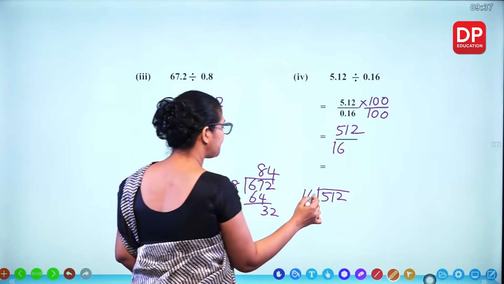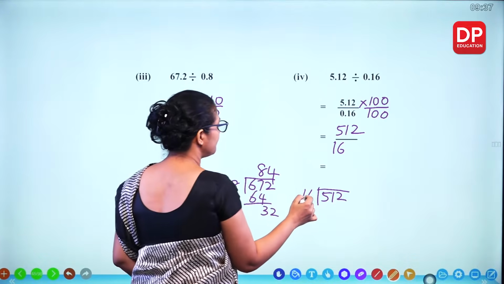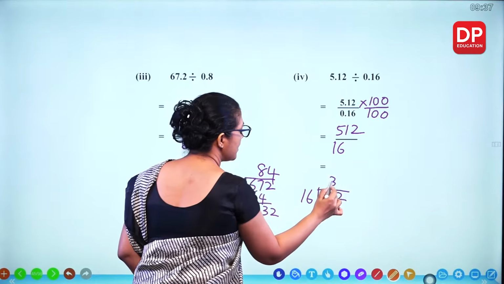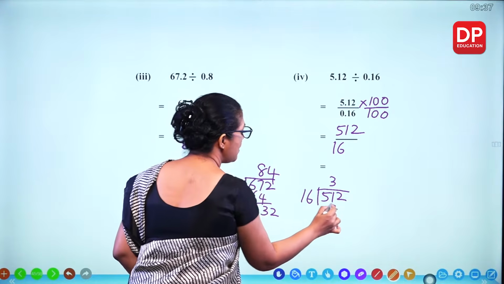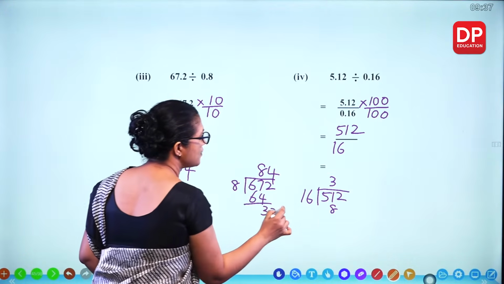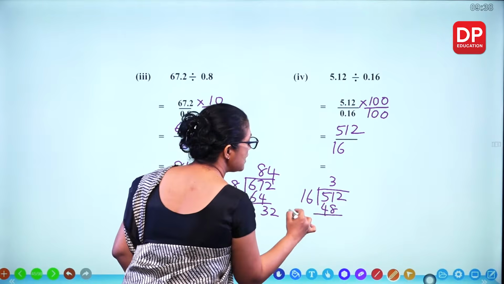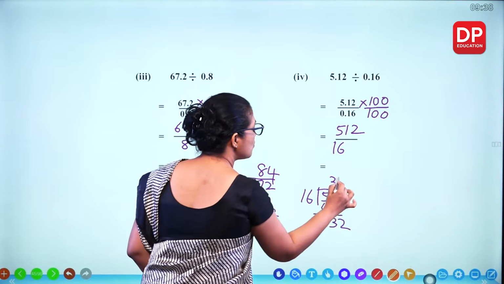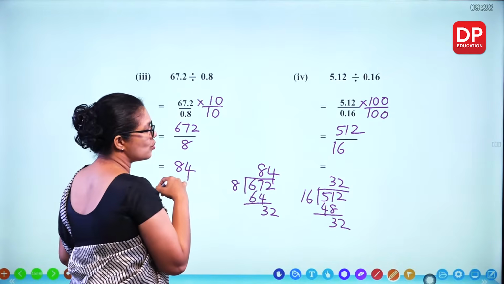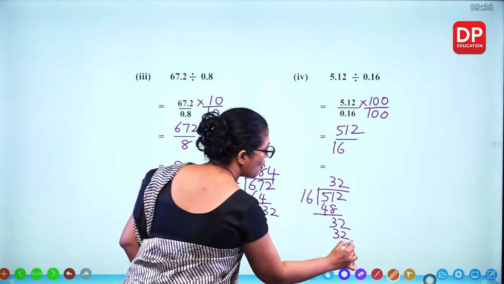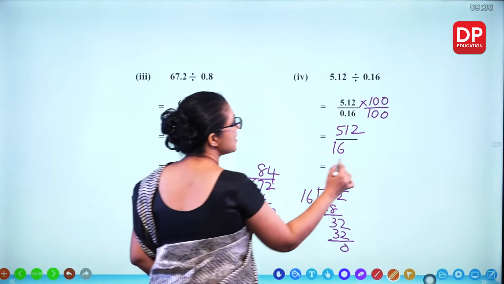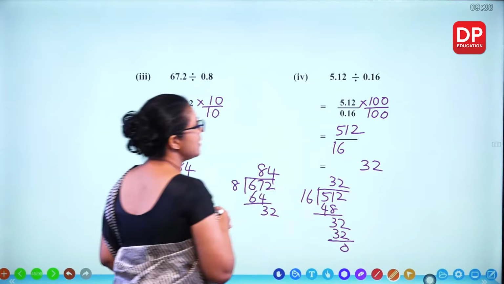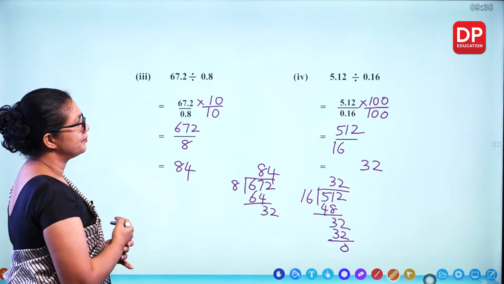You get 3. 3 times 6, 18, 1 remaining. 3 times 1, 3 plus 1, 4, 48. So, you get 3 here. For 32, that's 2. So, what's the answer? 32 is the answer.